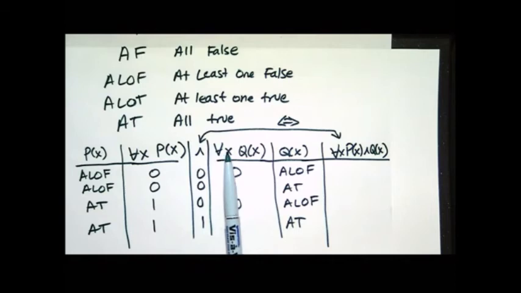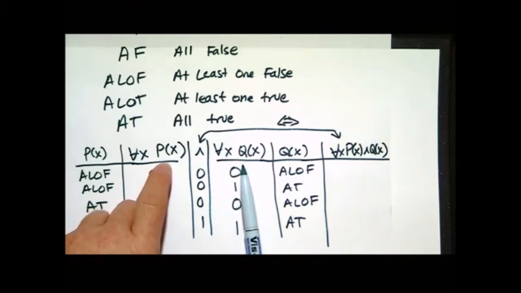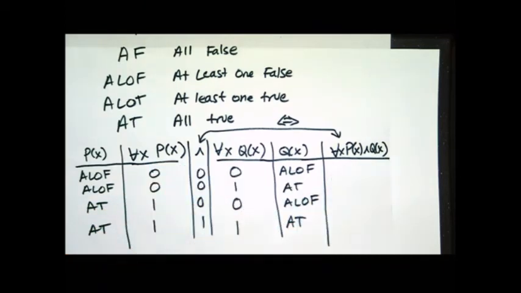Because these are different quantifiers. So even though it's the same letter, these x's and those x's don't have anything to do with each other, but these do. Yes. Yes, you can. You can, but you can't over here. So over here I have to, right? So these could be different domains.